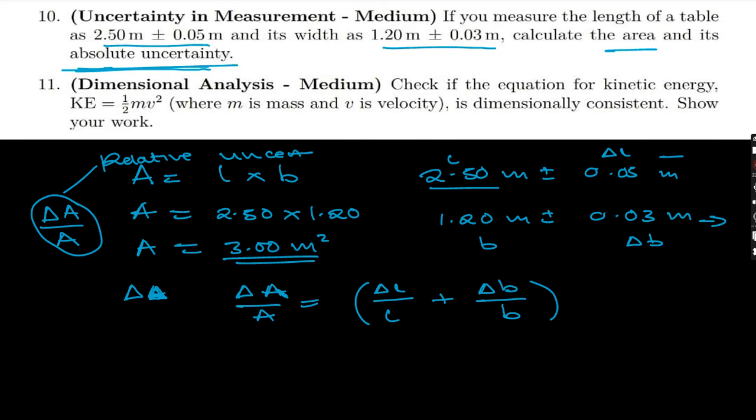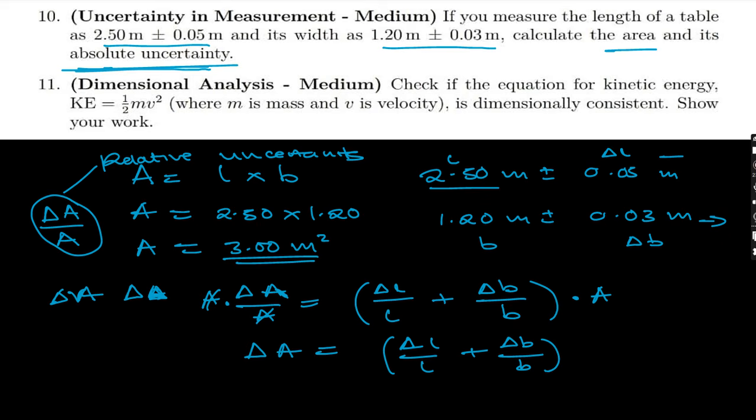The absolute uncertainty is this part on top, delta A. To make delta A the subject of the formula, we multiply by A everywhere, so the A and A cancel. Our delta A is going to be delta L over L plus delta B over B, then multiplied by A.